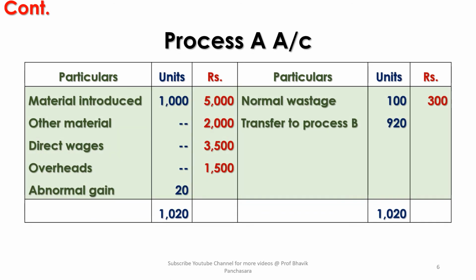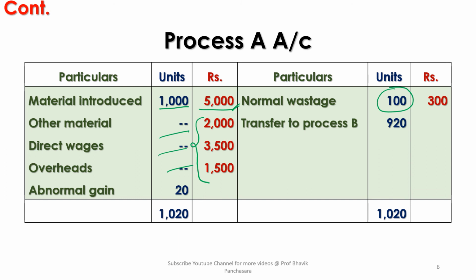Okay friends, now we will put values in this account. So for material introduced 1000 units, the value was 5 rupees per unit. So here I will put 5000. After that information or amount for material, direct wages, overheads are given in the question, that we will put here. Then on credit side, we will see these normal wastage units.